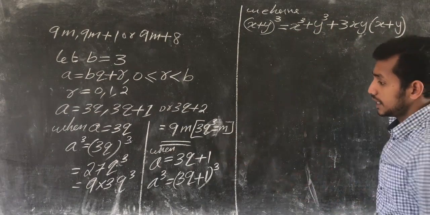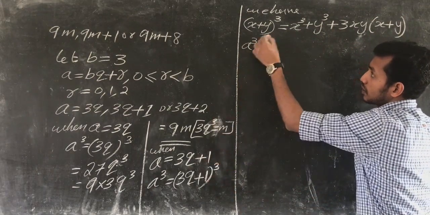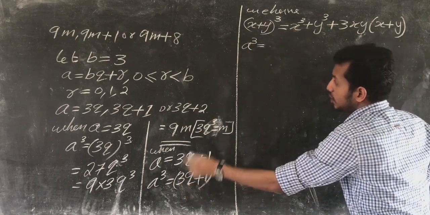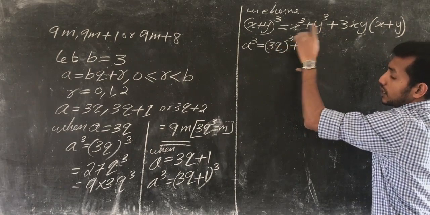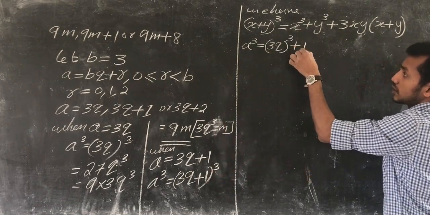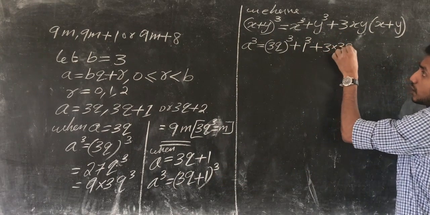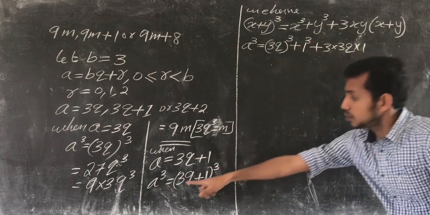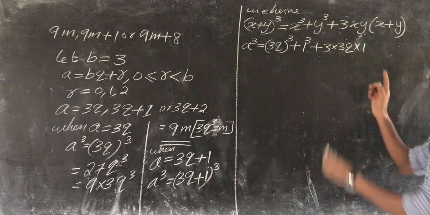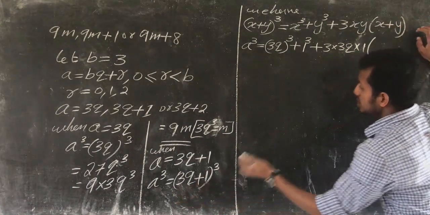Apply this identity here, we will get a cube is equal to x cube, that is 3q whole cube, plus y cube will be 1 cube, plus 3xy, 3 into 3q into 1, into x plus y, that means 3q plus 1.